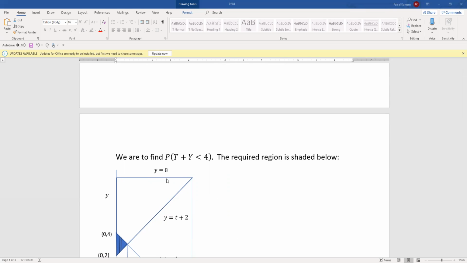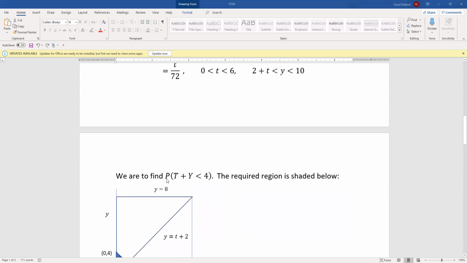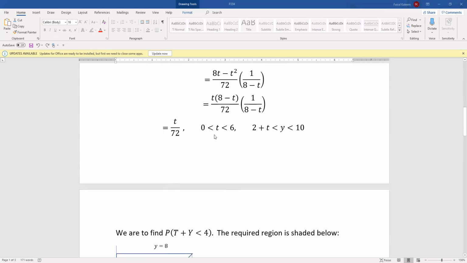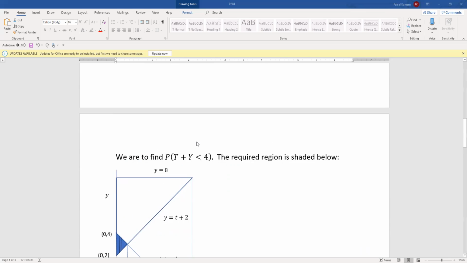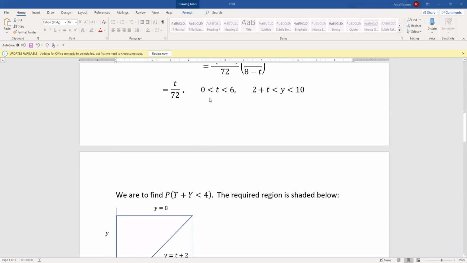This is y equals 8, because we also have t between 0 and 6. When you put t equals 6 in this equation, you do get y equals 8, so it's cut off by y equals 8. If we didn't have t between 0 and 6, it would be a higher triangle where the top line would be y equals 10. But because of t equals 6, it's cut off at y equals 8.